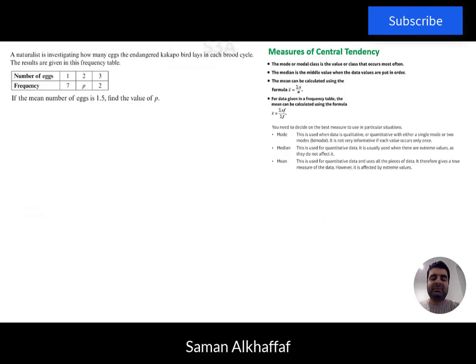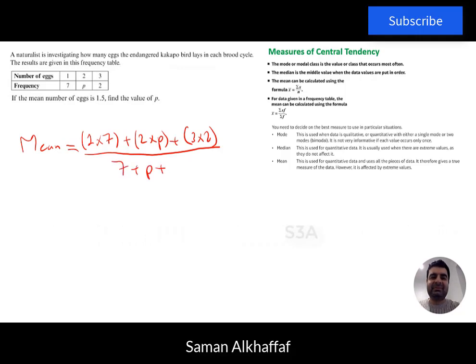So the way we would do this, we will take the mean, and for us to create our equation, that will be the addition, the multiplication of each egg number by the frequency. So we have 1 by 7 plus 2 multiplied by P plus 3 multiplied by 2, all divided by 7 plus P plus 2.